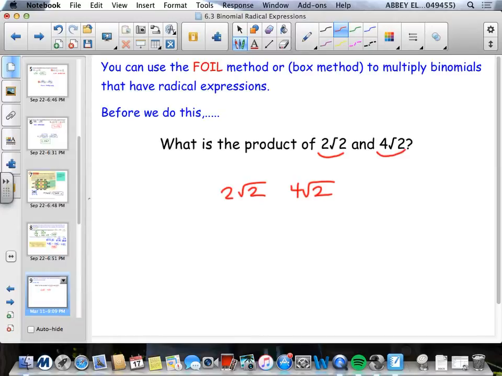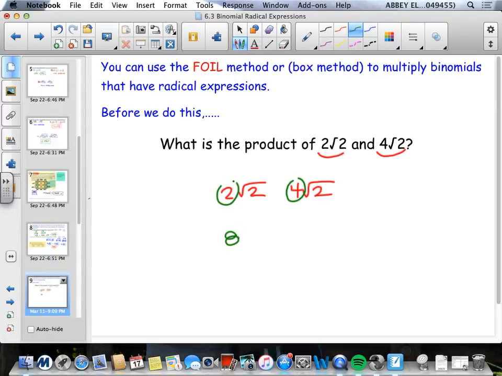So let's think about this. It says here that you can use the FOIL method or the box method to multiply binomials that have radical expressions. So this is why we are doing this step first. When we multiply here, I can do out without and in within. My 2 and my 4 are on the outside here, so I'm going to multiply those two terms together. So I have 8.